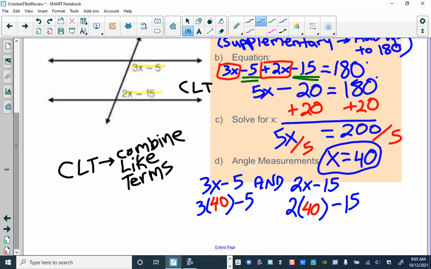So 3 times 40 is how much? And then minus 5. 120 minus 5 is 115. Okay, so that's one of them. Then the other angle: 2 times 40 minus 15.